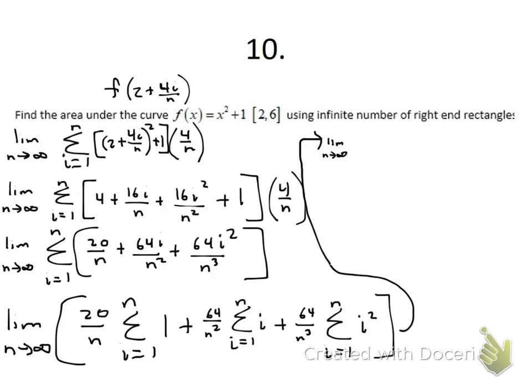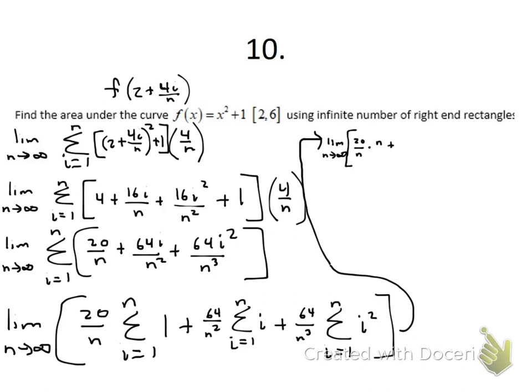And you're going to write, let's just leave that out in front. So you're going to say 20 over n times, what's sigma of a constant? Constant times n. And 1 times n is n.